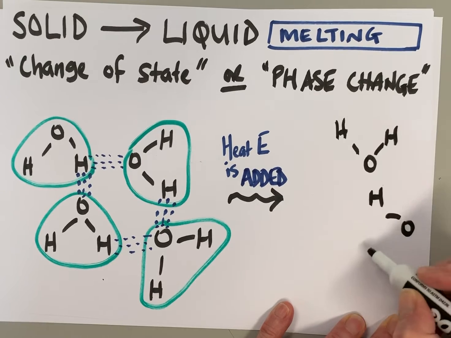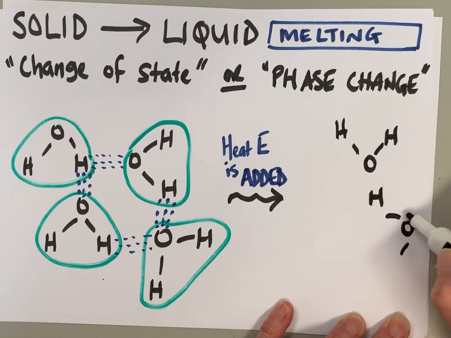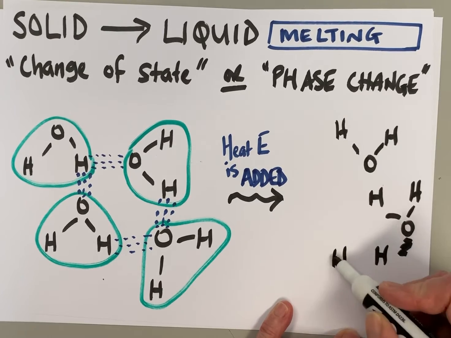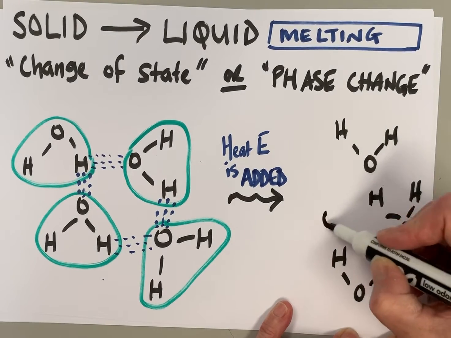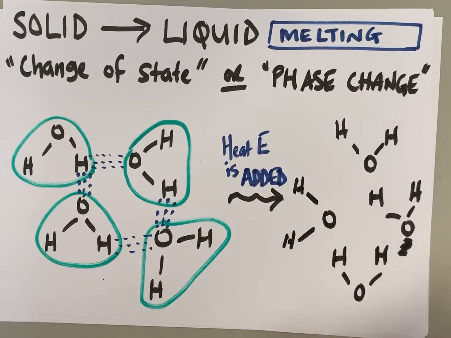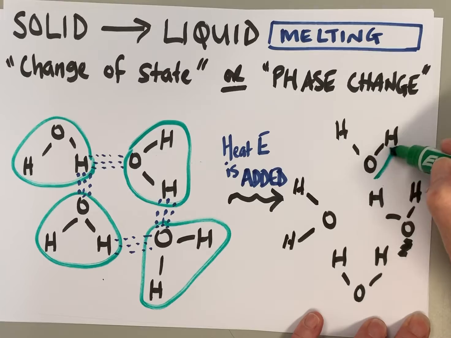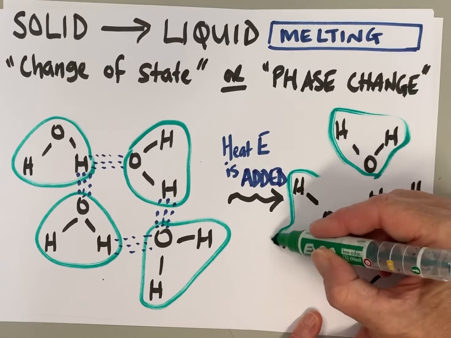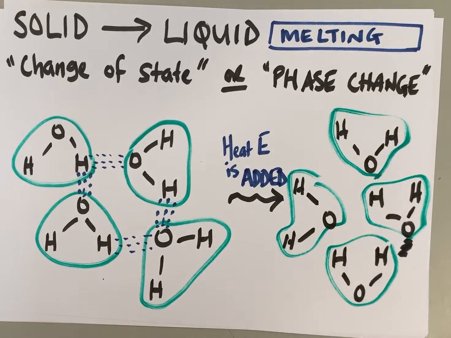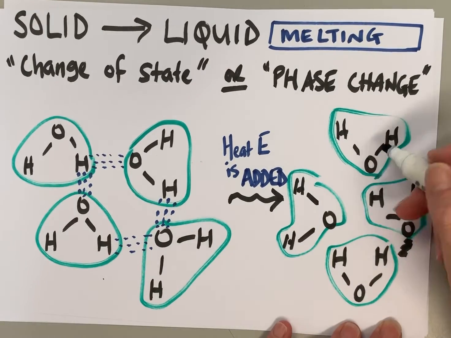let me just draw a few in. Oh, that's a very unusual shaped water. Let's just forget that. And then we've got another water. So as the heat energy continues to be added in, you reduce the number of WIFs here.